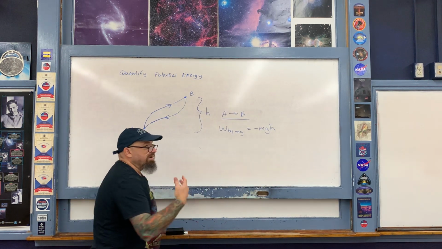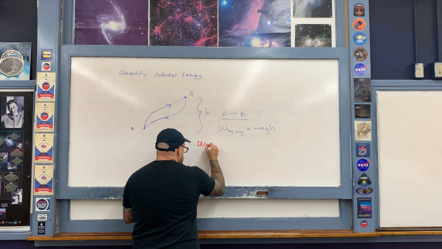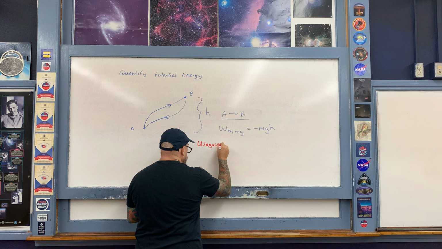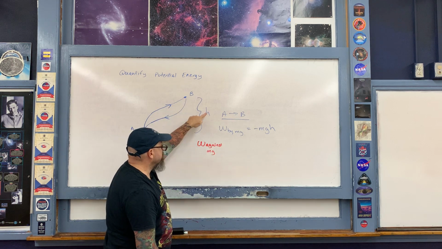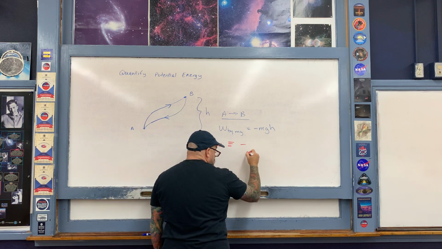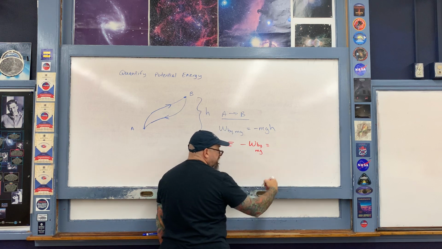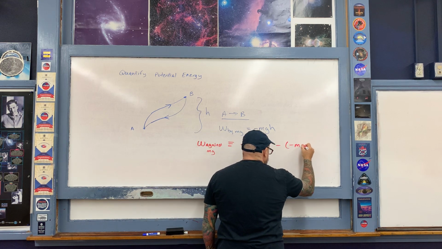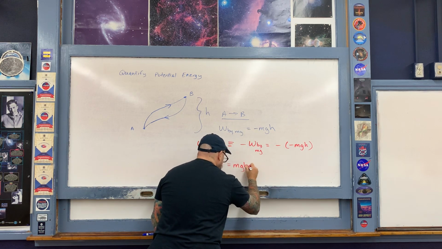Once again, you have to be very specific here with your phrasing. The work done against gravity in lifting the object from point A to point B through a height change h, by definition, is the negative of the work done by gravity. So showing all the negative signs, this is the negative of negative mgh. This is equal to positive mgh.